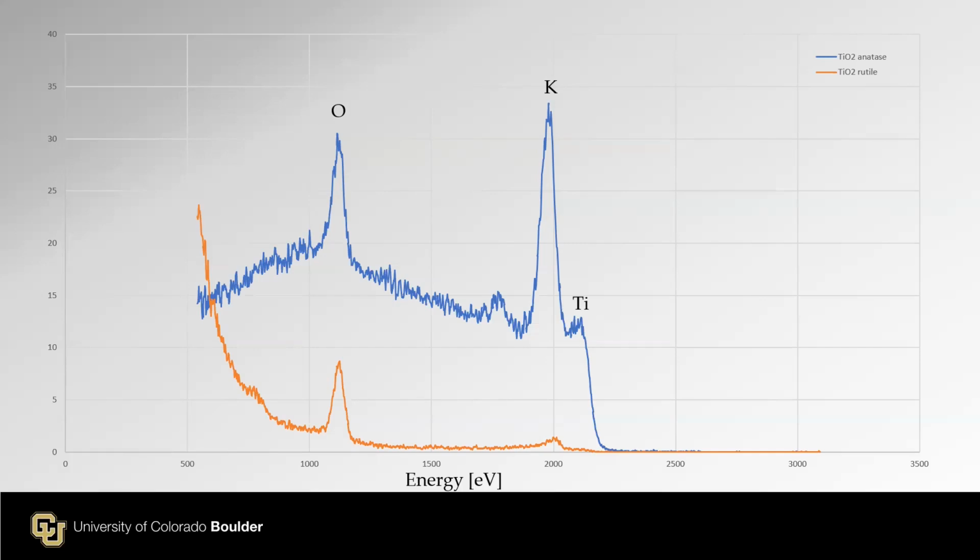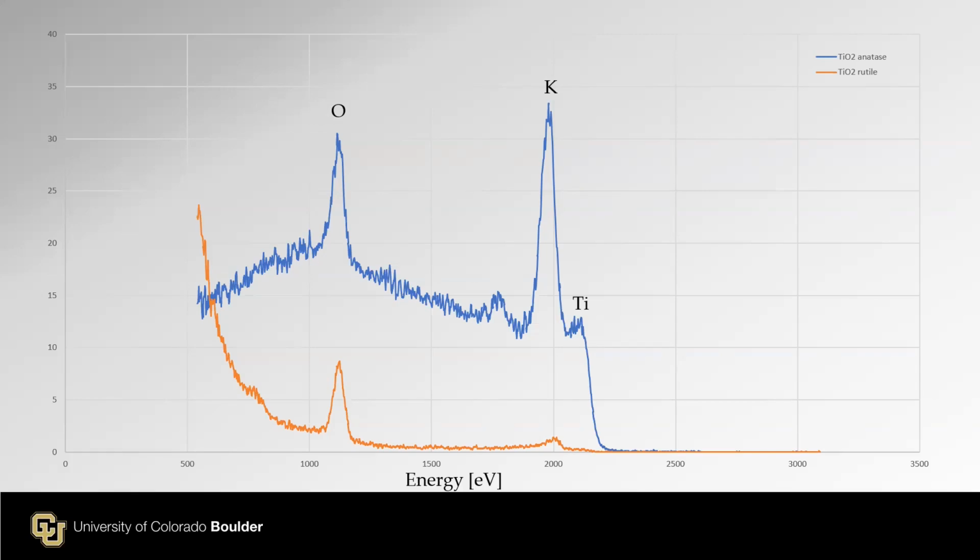Both sodium and potassium have very high surface energy, so they tend to migrate to the surface layer. So no surprise to see something like this. Okay, it's supposed to be TiO2, but the outer monolayer is mostly potassium oxide, this one.